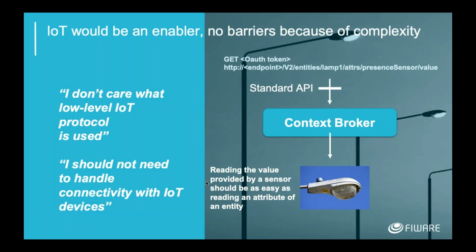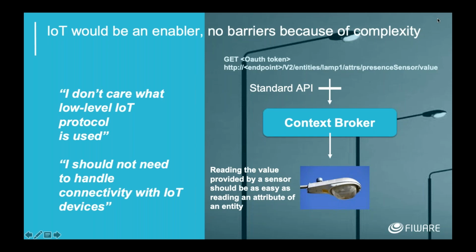You can also get a situation where we don't care within FIWARE what the low-level IoT protocol is used. There are different competing IoT platforms which have got perfectly valid reasons to exist, because they might be low energy, they might be specific to domains, they might be solving a specific problem.